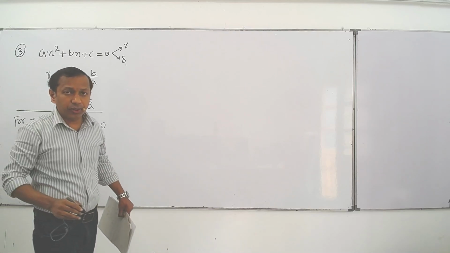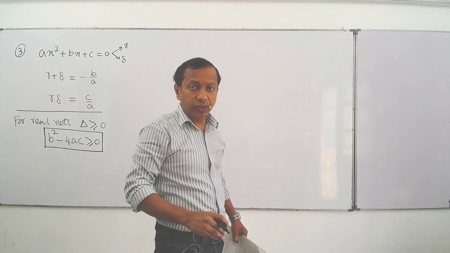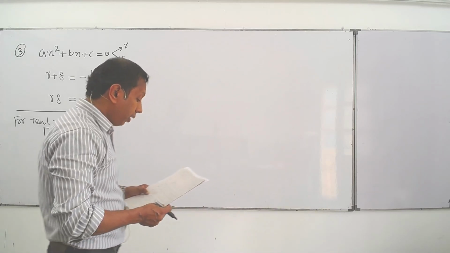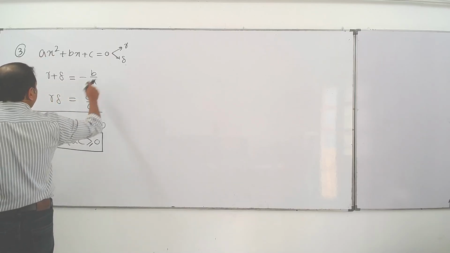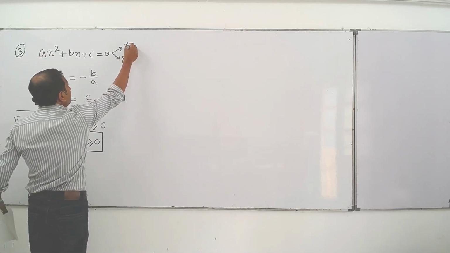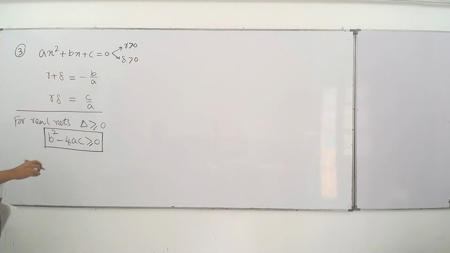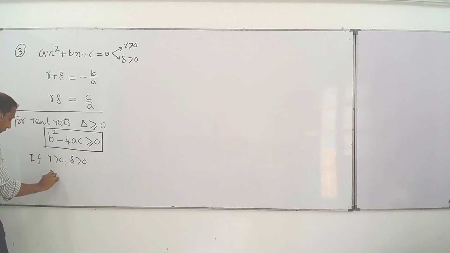Not only that, we are asked the condition required for both roots to be positive. Both roots positive means gamma positive, delta positive. If gamma and delta are both positive, then gamma plus delta is positive.